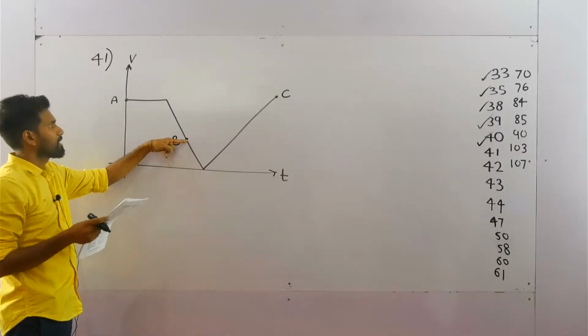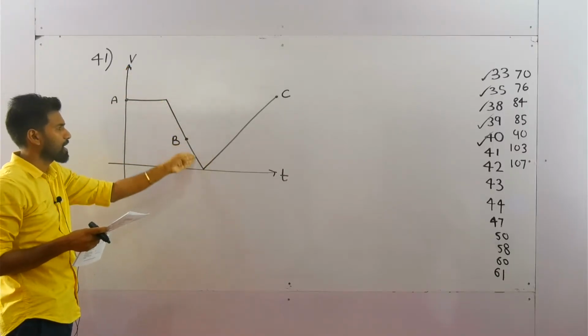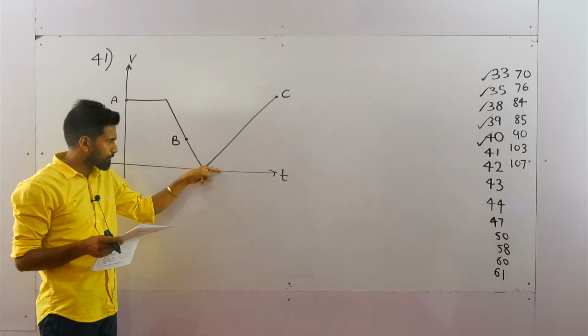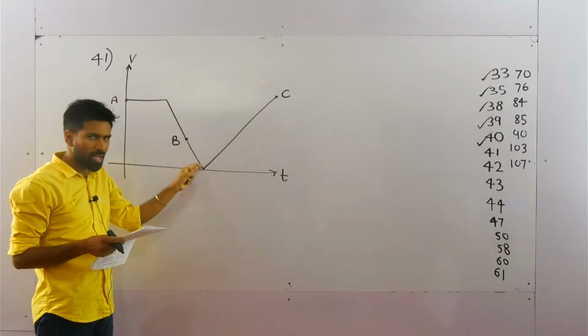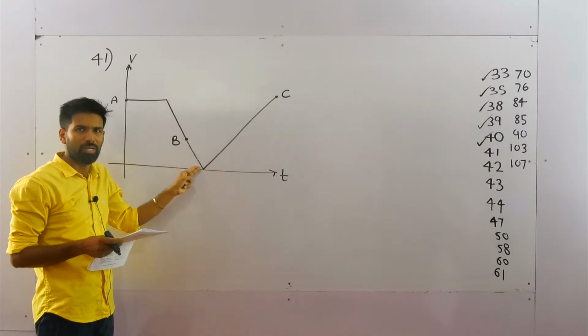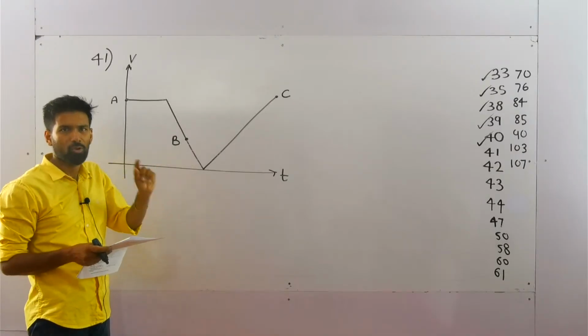At B, the velocity time curve is a minus constant gradient line. This line is creating an obtuse angle with the positive x-axis. If a straight line makes an obtuse angle with the positive x-axis, it's a minus constant gradient.